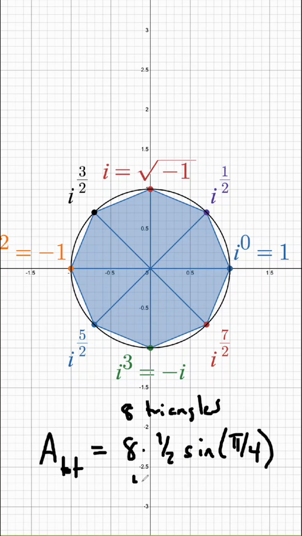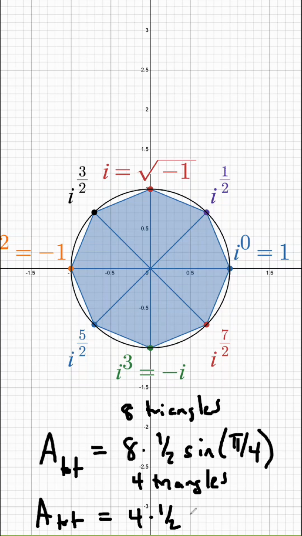And before, we had 4 triangles, and our total from before was 4 times 1/2 sine of pi over 2. And what we can see is that this value here is always half of that value.